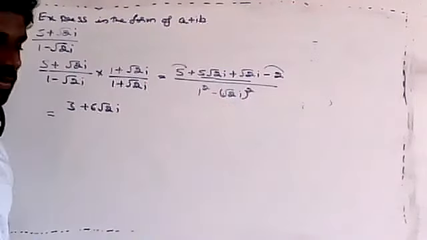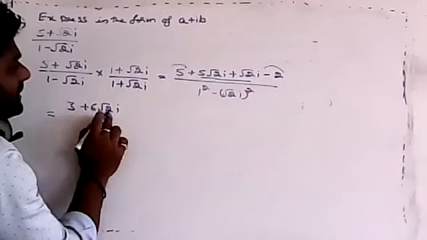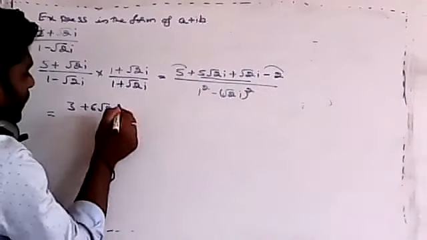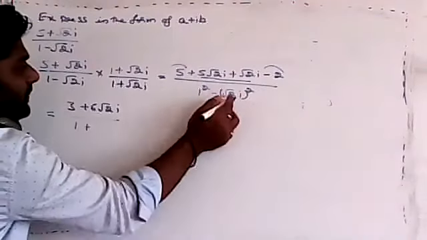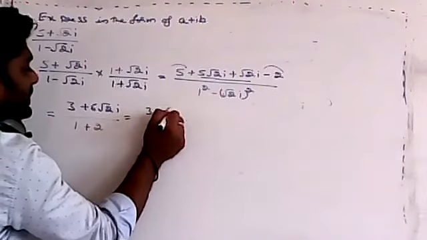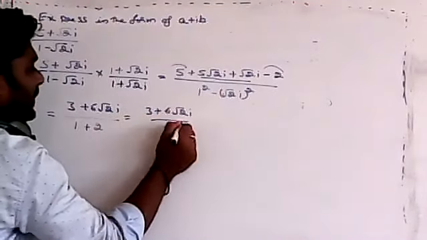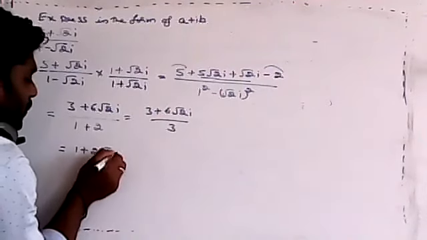So answer you are telling, no? We will check that one. So numerator is correct, 3 plus 6 root 2I. And here 1 square is 1. I square is minus 1, no? So minus into minus plus. And root 2 square is nothing but 2. So we'll get 3 plus 6 root 2I by 3. When I divided by 3, 1 plus 2 root 2I.